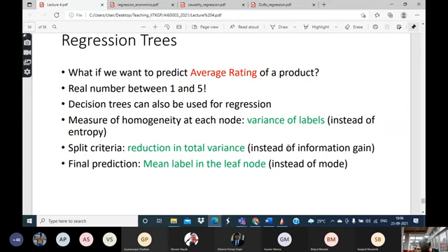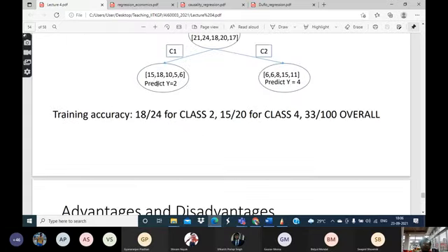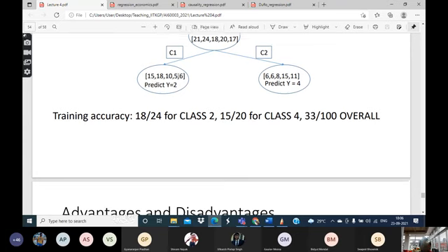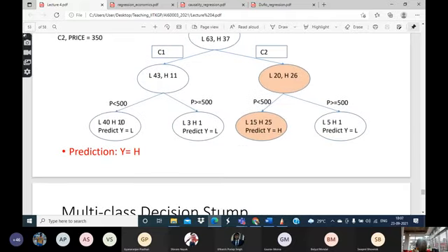What's a regression problem? A regression problem is one where the target variable y which we are looking for is a continuous variable. Since it's a continuous variable, you will not be able to measure frequencies like this. In this case, what we are doing is basically measuring the frequencies of the different labels.